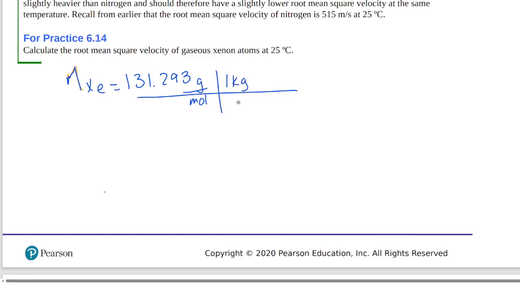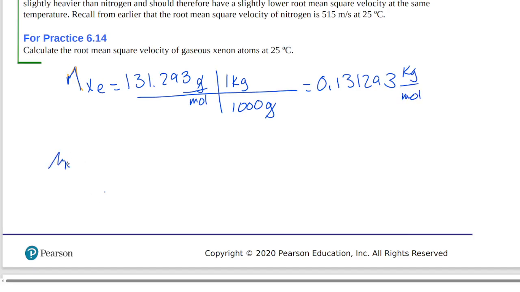1 kilogram is 1,000 grams, okay? And that gives us, so grams cancels, and that gives us 0.131293 kilograms per mole, okay?